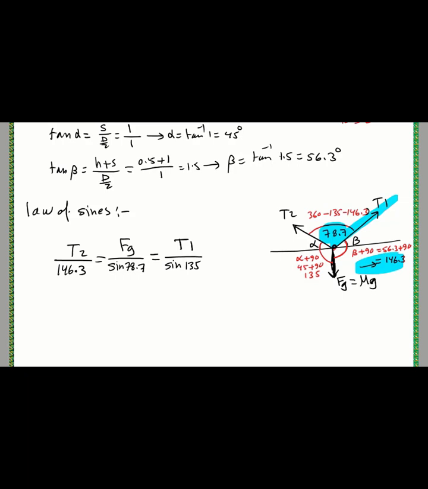So the opposite of it is 135. Okay? Again, for T2, we have two adjacent angles, 78.7 and 135. So the opposite one is 146.3. That's it.